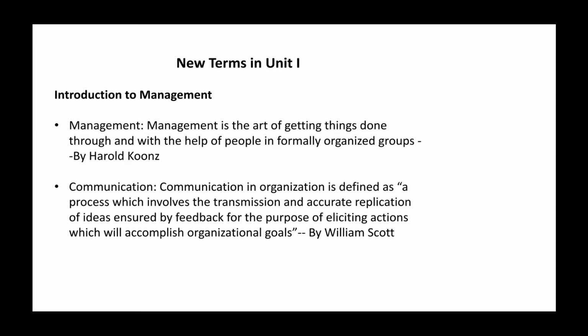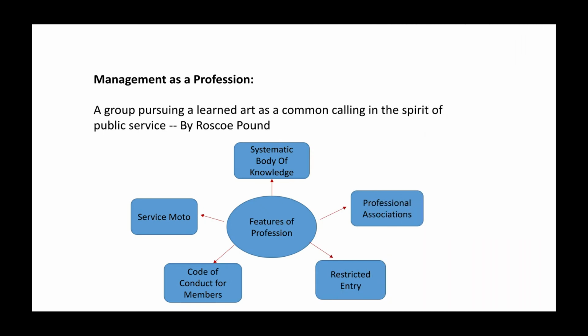Okay, next we have another important concept which we have to learn in this unit, regarding management as a profession. Here, with a figure, I can explain it in a very detailed way. What are the features of a profession? See, there are five factors.